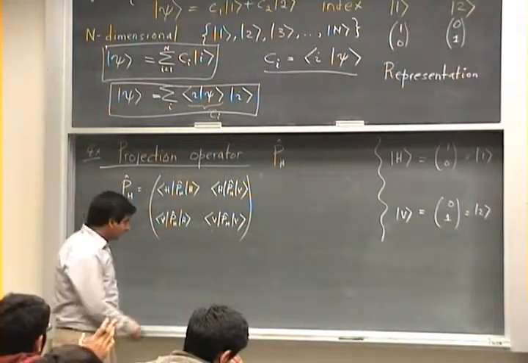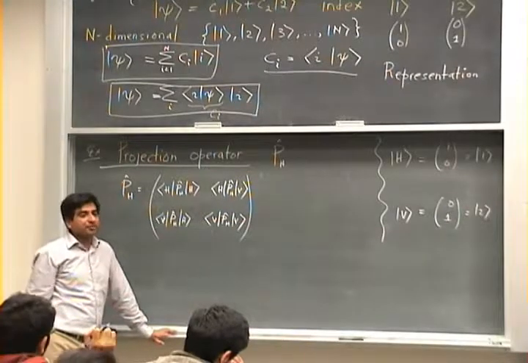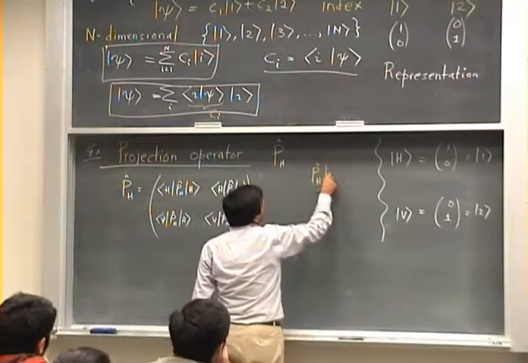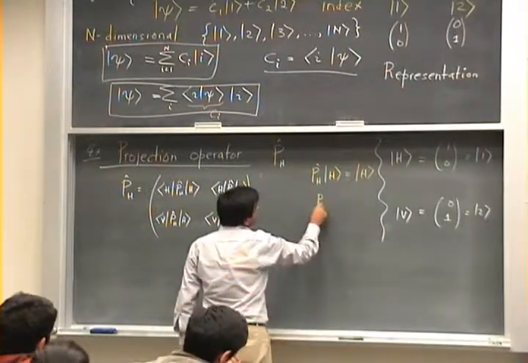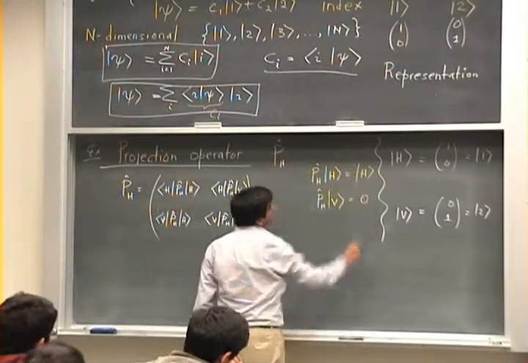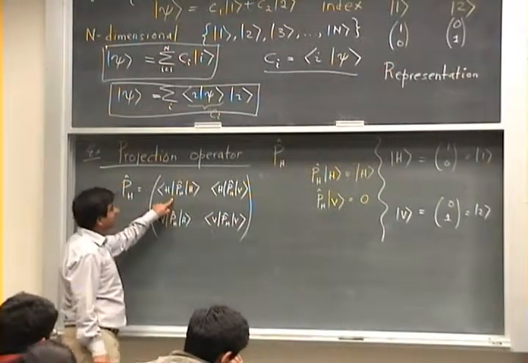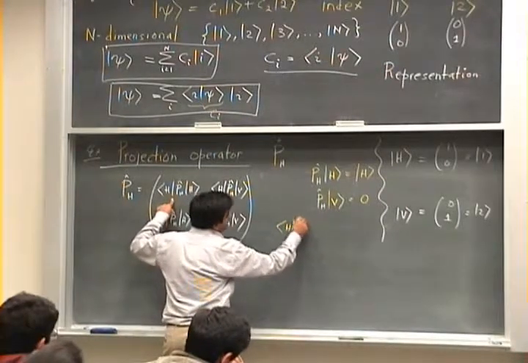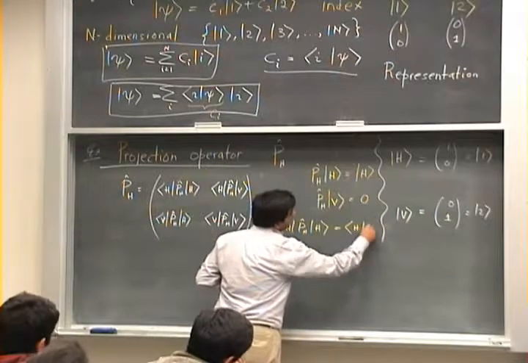Now, I have to employ some physics to tell me what the projection operator does. The projection operator acts on ket H to give me ket H, and the projection operator acts on ket V to give me 0. So, if I want to find this, bra H, PH acting on H is the inner product of H with itself.